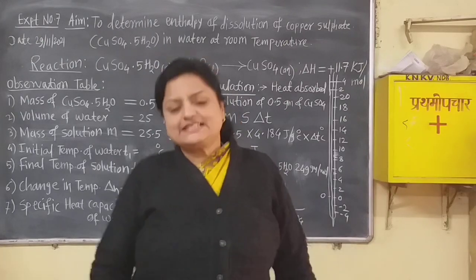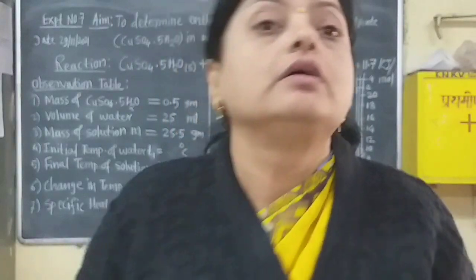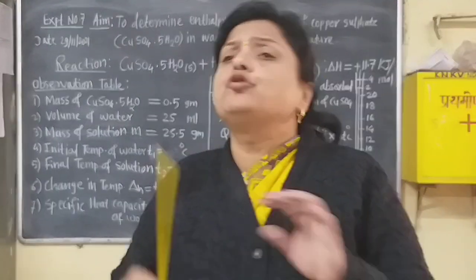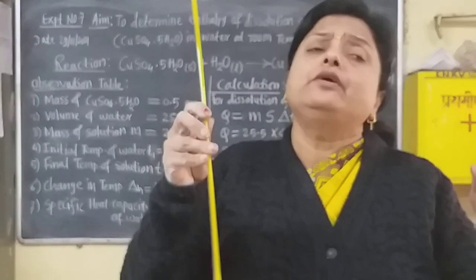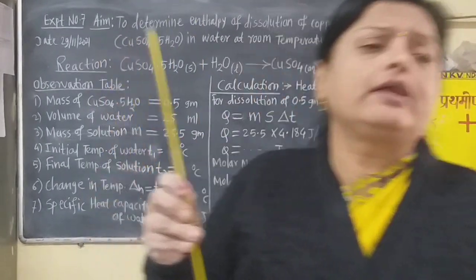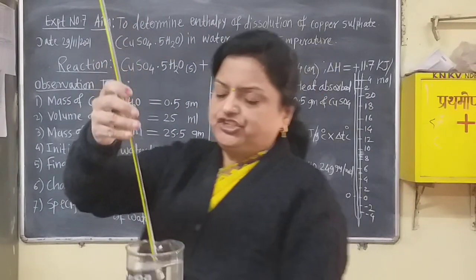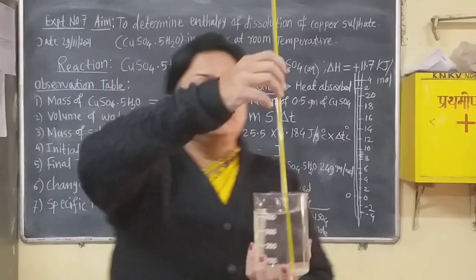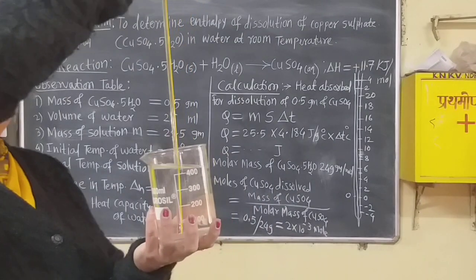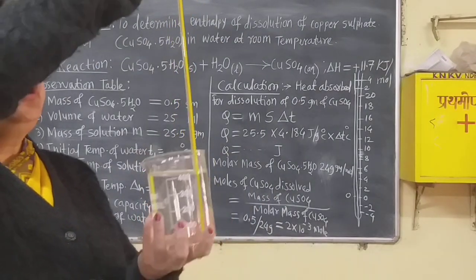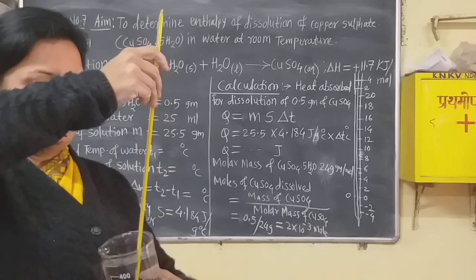You can put this thermometer in simply the water, or the room temperature you have to take as the initial temperature. Now as it is the 1/10 thermometer, today that is the initial temperature of this water.